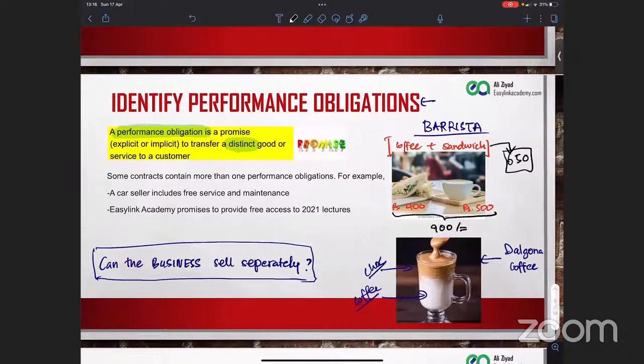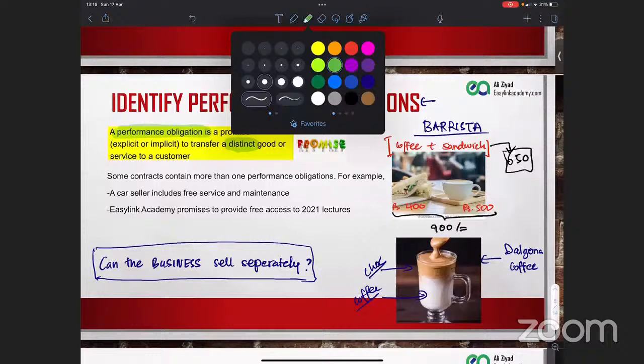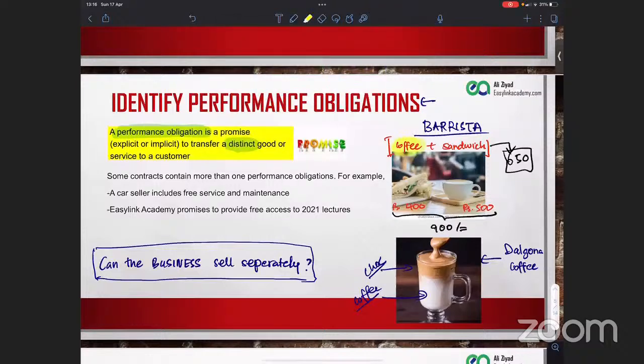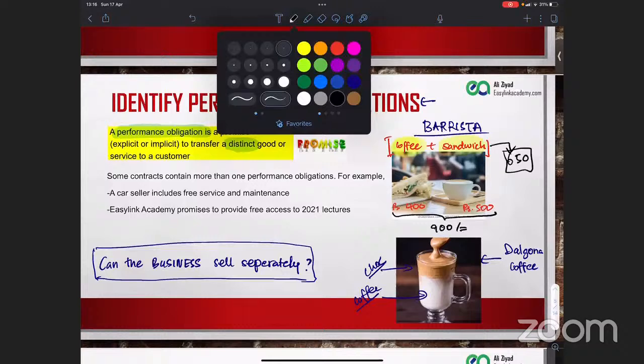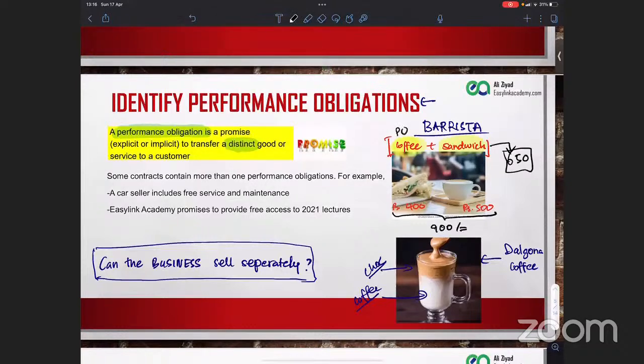Are you clear? So that leads us to the conclusion: coffee is a separate performance obligation, and sandwich is a performance obligation. Are you guys clear? Yes, sir.